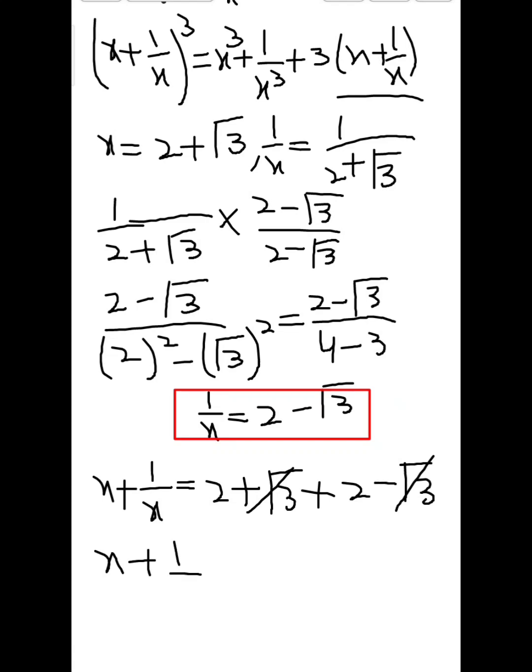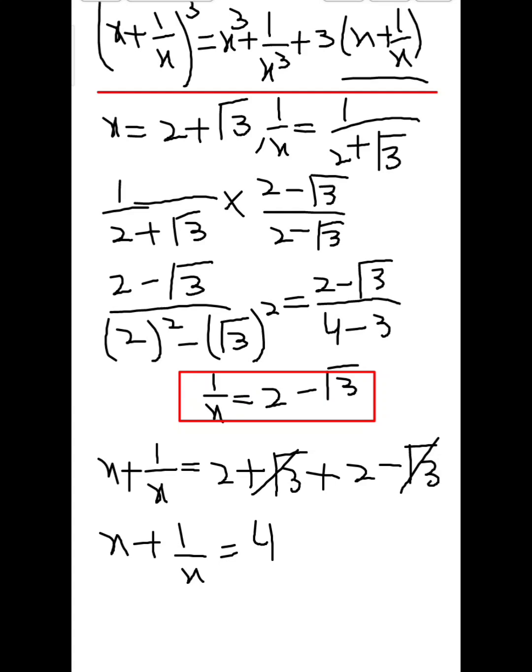Now we can put that value of x plus 1 over x in our cubic formula. It means 4 cubed, as x plus 1 over x's value is 4. So 4 cubed is equal to x cube plus 1 over x cube plus 3 times 4.